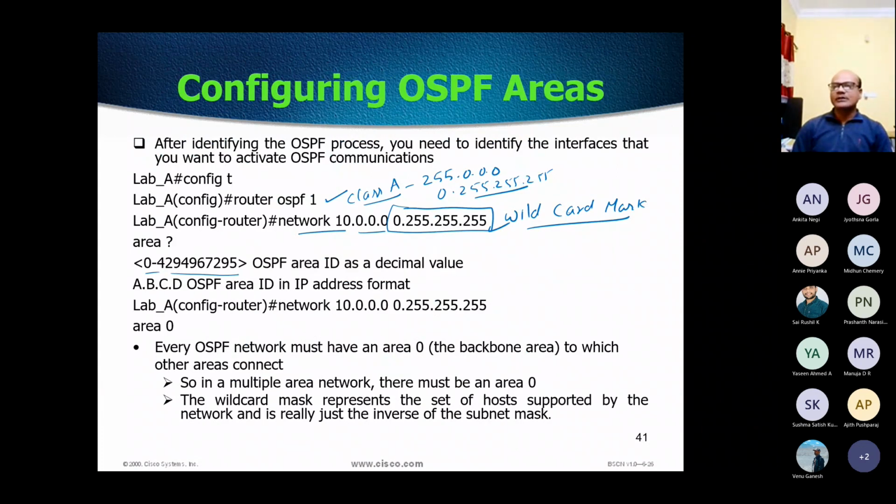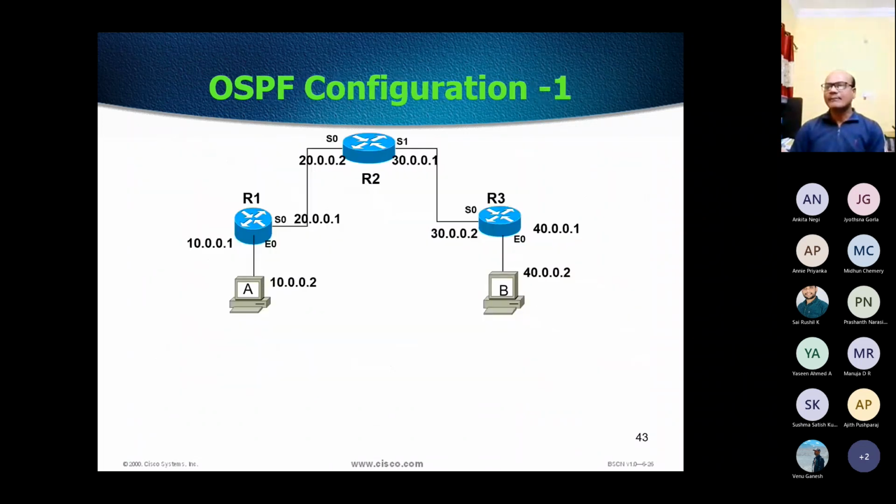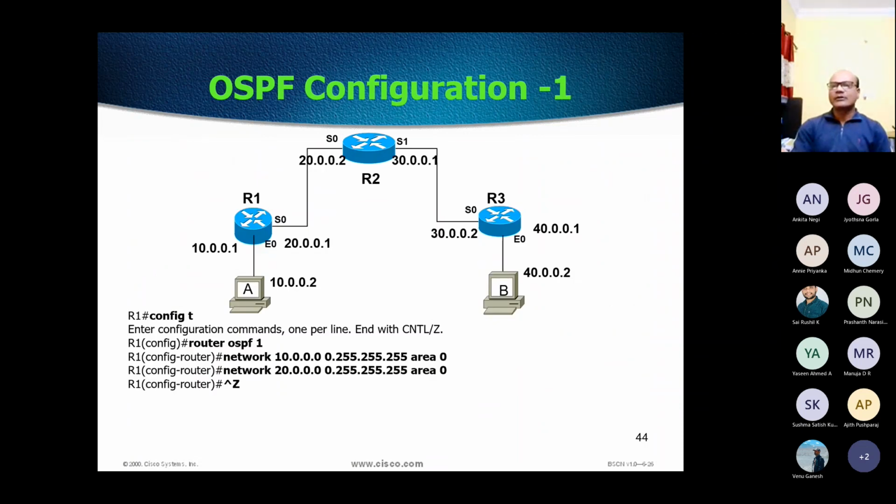Okay, so this is good. I think we should jump to your lab part. Okay, we'll do the lab. Let me complete some topics here. I want to show you the configuration part directly. So I'm using 3 routers here. Router OSPF, we can give the value.